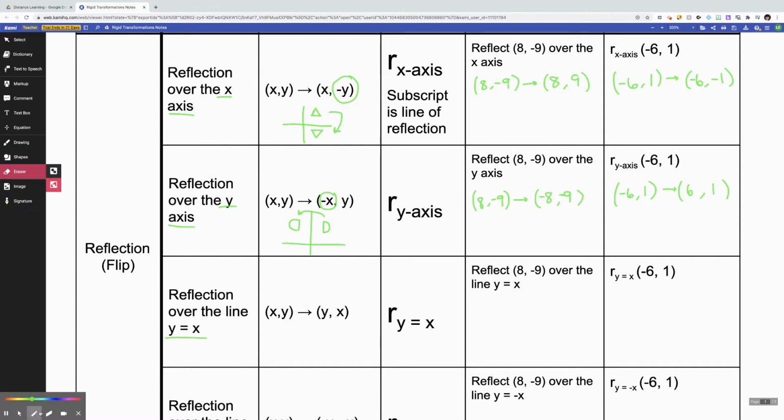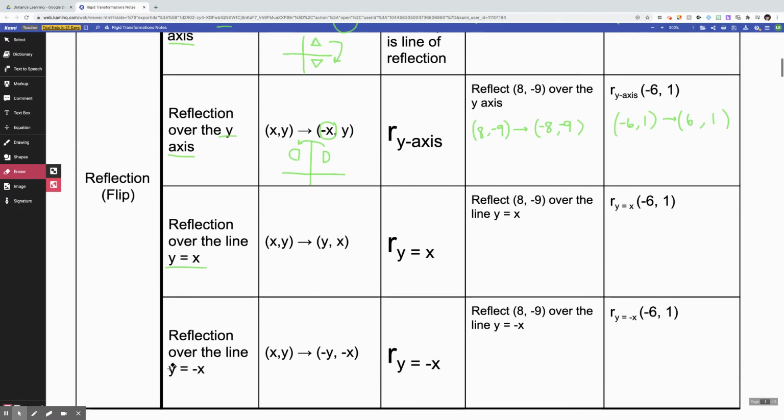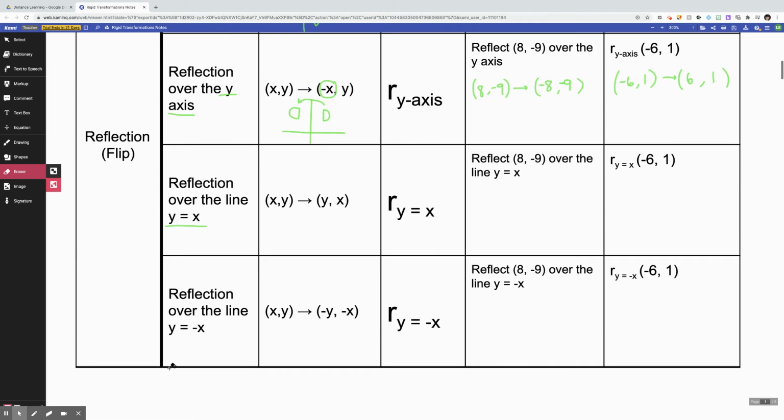Okay, let me scroll just a little bit here, so that we can talk about these other things, okay? So a reflection over the line y equals x.